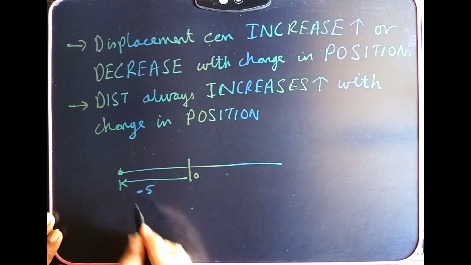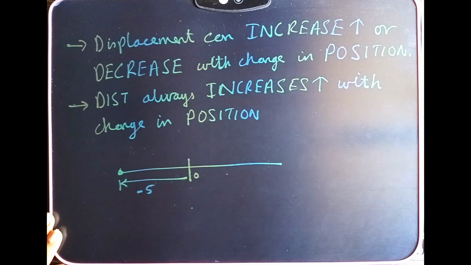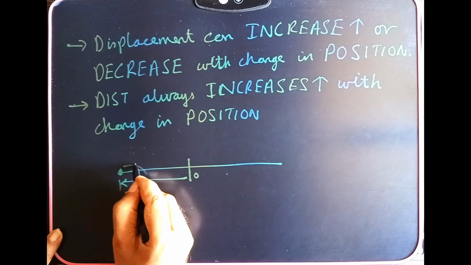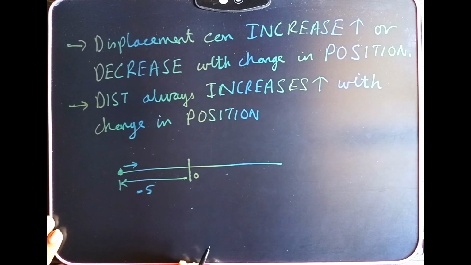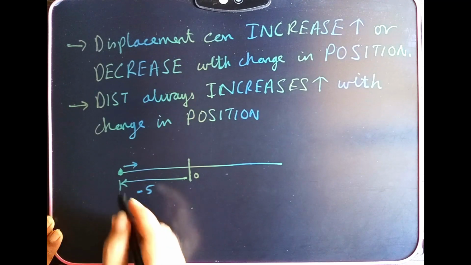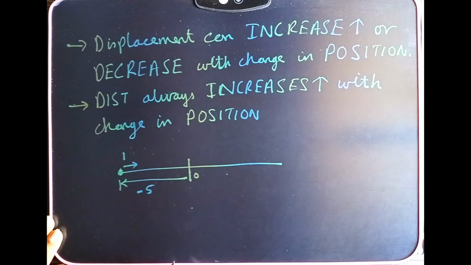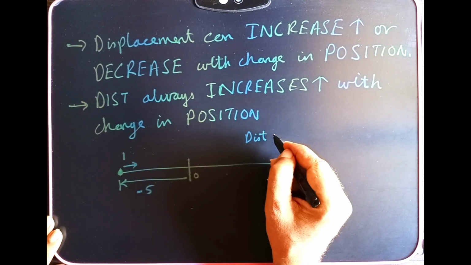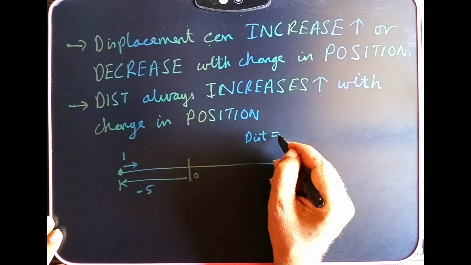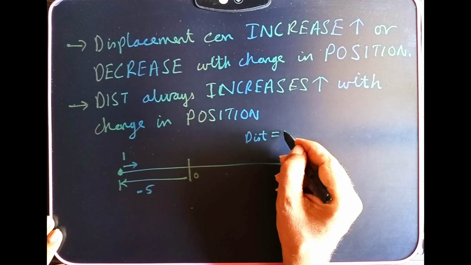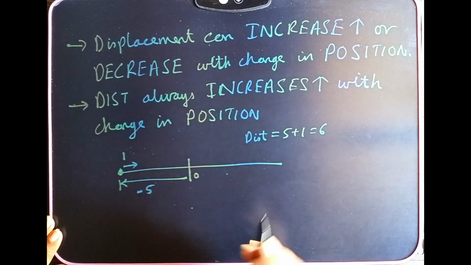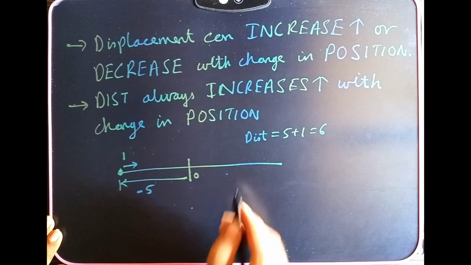Direction is on the left, so I've taken it minus 5. Now the object position has changed to the right. What happened to the distance? If it has moved 1 unit, distance didn't decrease, right? Distance increased. That means 5 plus 1 became 6. This is the distance.